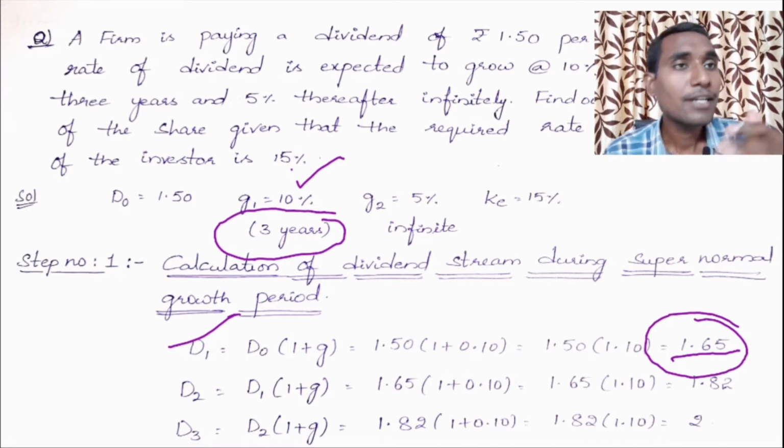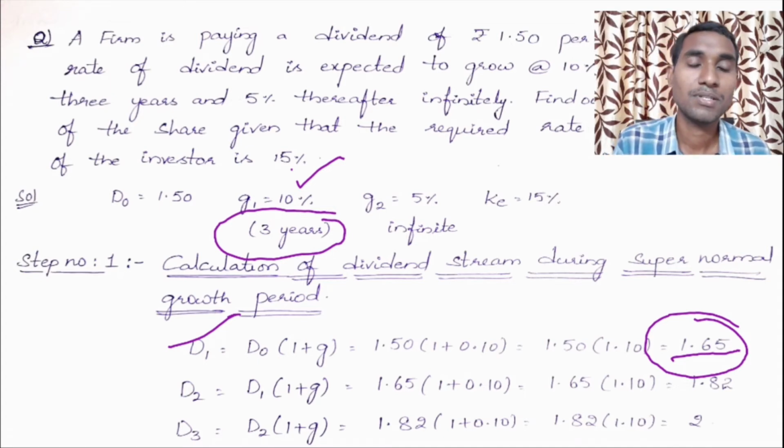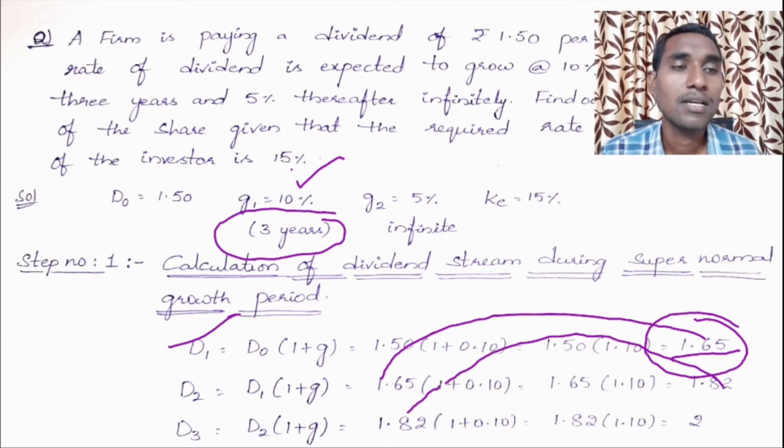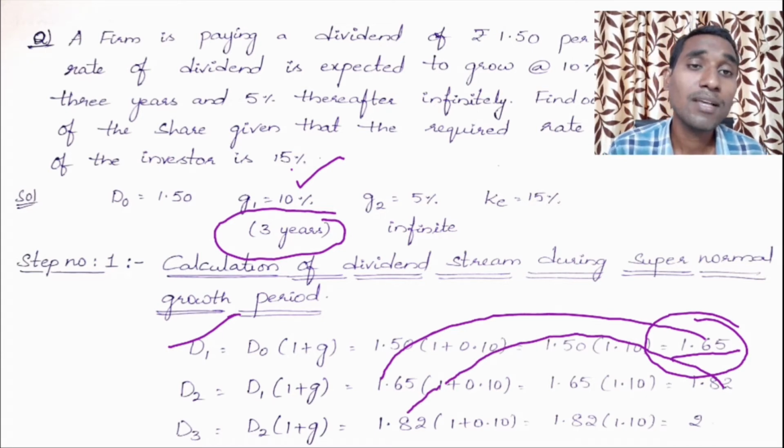For D3, D2 is the last year's dividend. In this manner, you bring the 1.65 here and find D2. Then after getting D2, you use it to calculate the dividend D3. This is how you calculate. If there were a D4, for example, you would take the D3 dividend as the base and calculate D4.